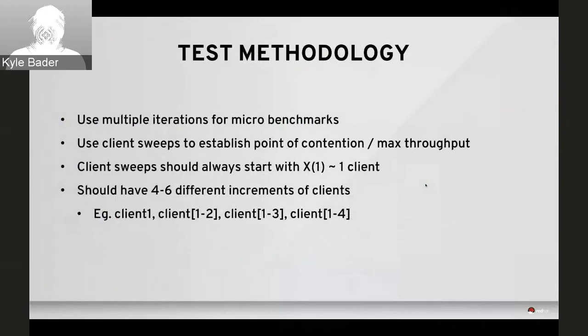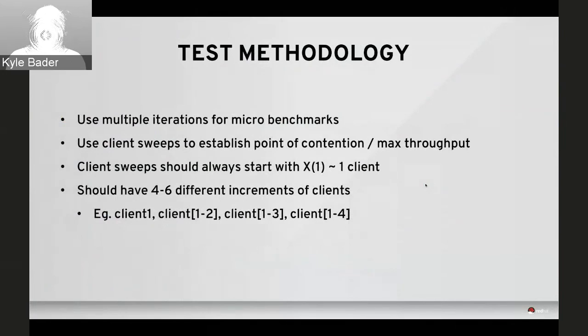Oftentimes, if you're really wanting to establish the maximum performance of a cluster that you have in a lab, you want to do a client sweep, so that you slowly and incrementally build load until you hit a point of contention and can see where the max throughput is for the cluster. Because if you have 4 clients and all you do is run 4 clients at a single level of parallelism, you don't know where on the arc of performance you are, and you don't know if that's the maximum performance you're going to be able to get.